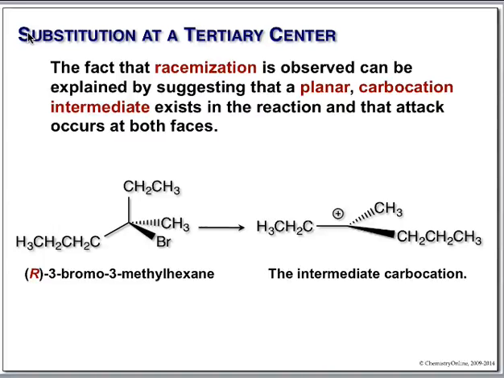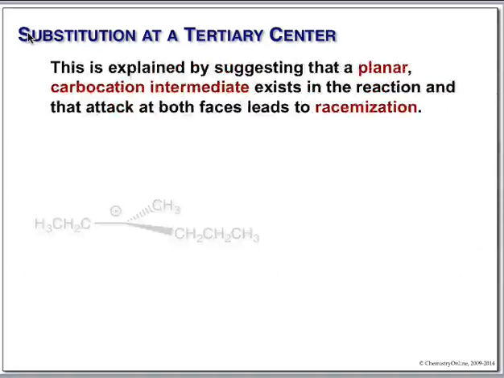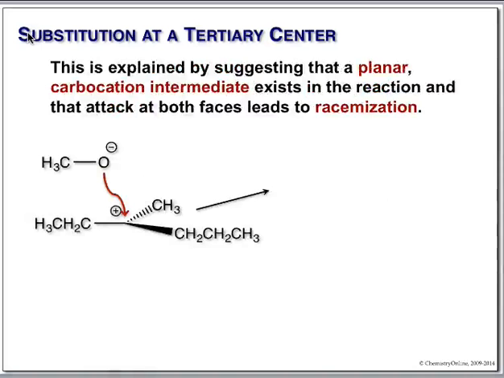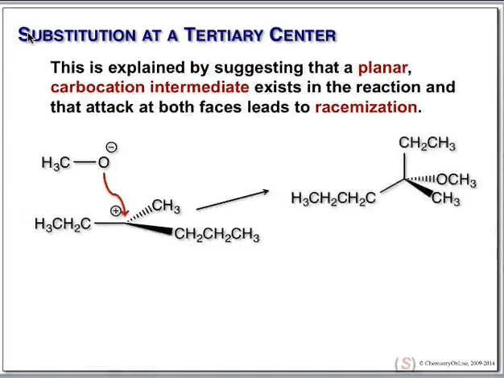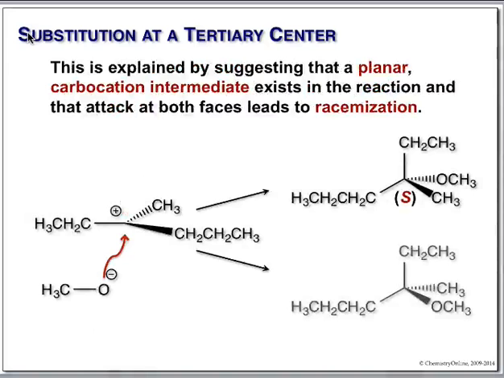Because they're planar, we could attack from either the top or from the bottom to give our two stereoisomers. So the reaction would look like this. If methoxide attacked from the top, we would get this. This is our S isomer. That's inversion. If it attacked from the bottom, going up this way, we would get the R isomer.